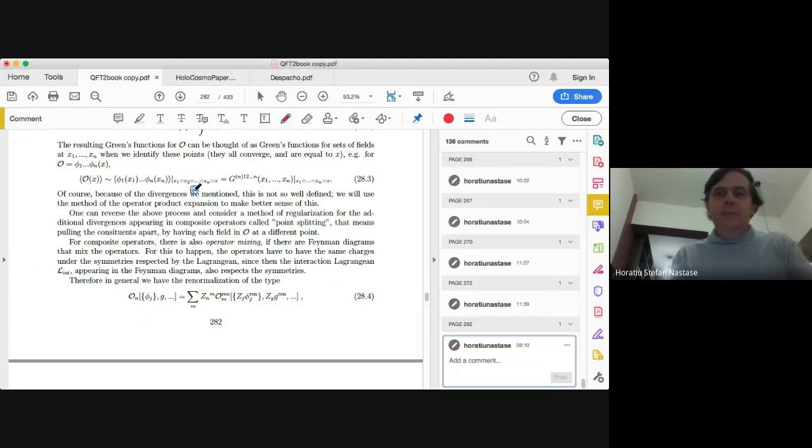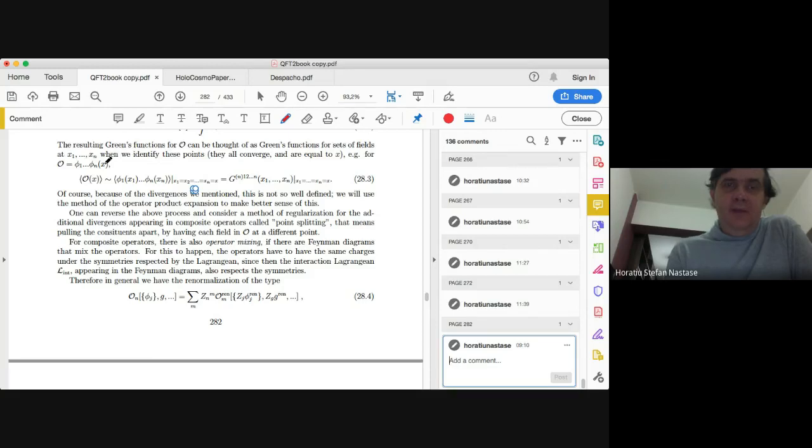So a simple and obvious method of regularizing is to reverse the composition of the O. The composition of the operator O is to say that the product of the fields is all defined at a single point x.